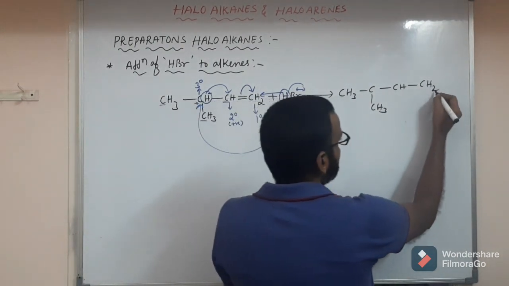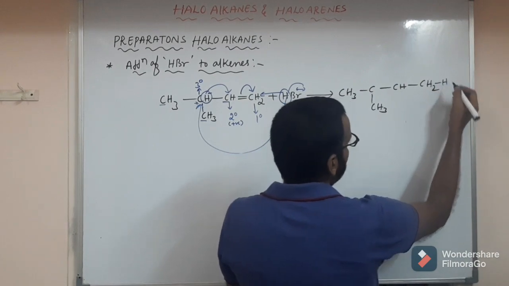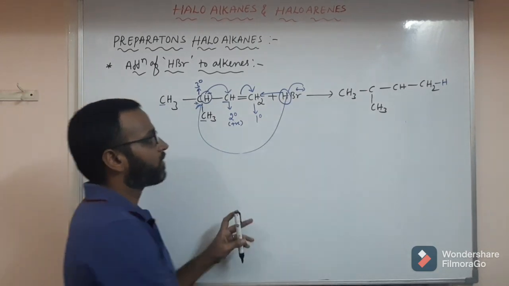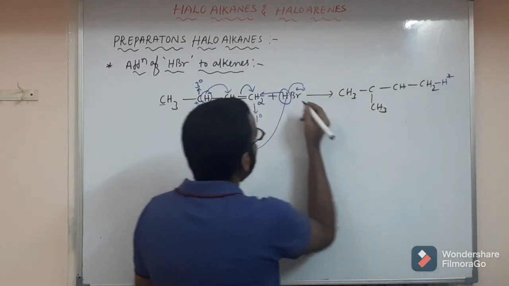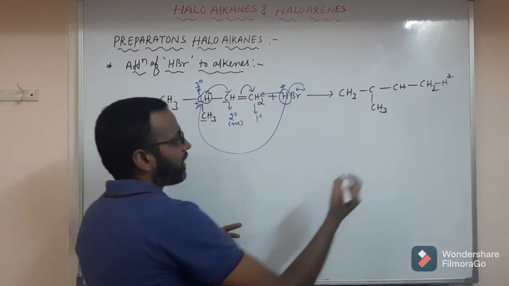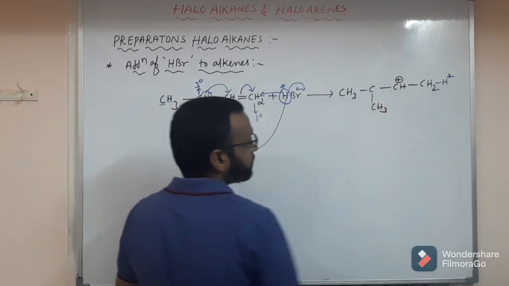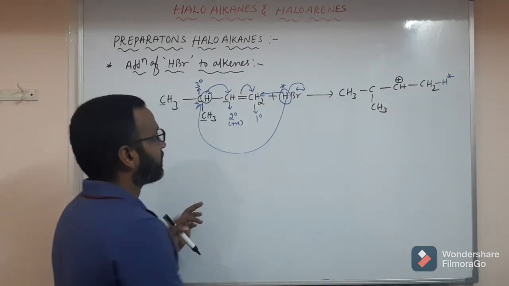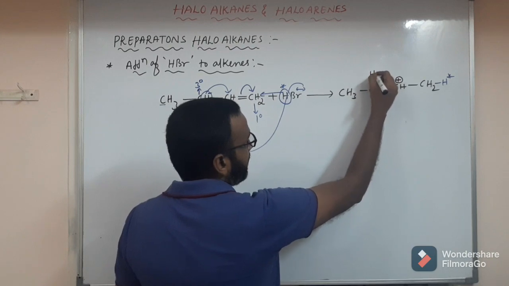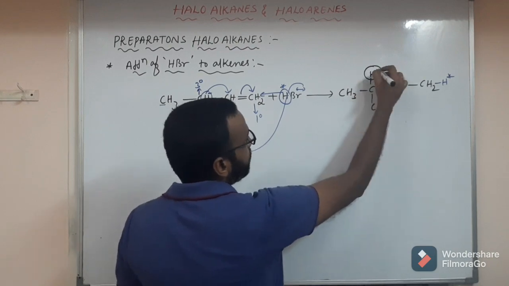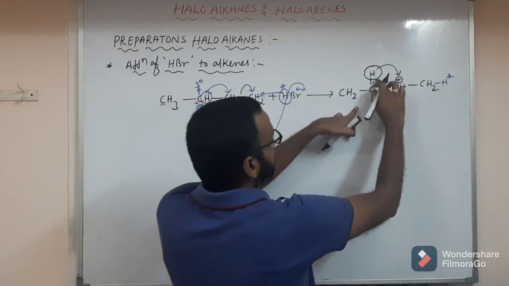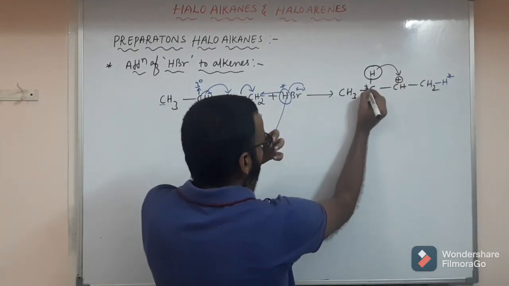So this will become CH3 first. This particular hydrogen that was added, I will mark with a star. Now here you get a positive charge. Br minus must come over here, but this hydrogen along with this bond will migrate over here, so that when this hydrogen migrates, the positive charge will come.